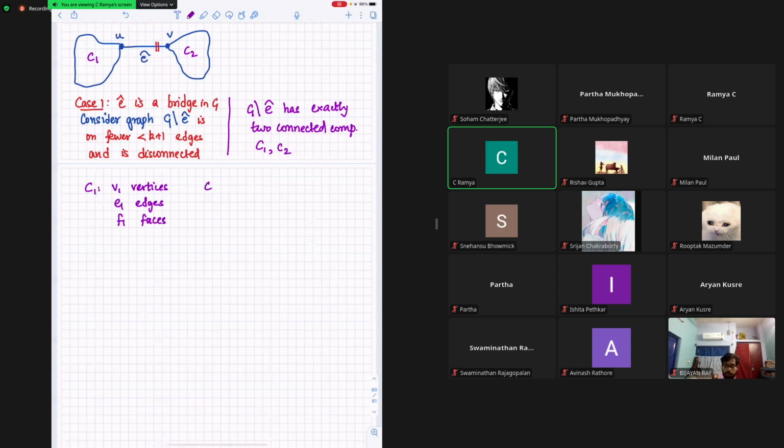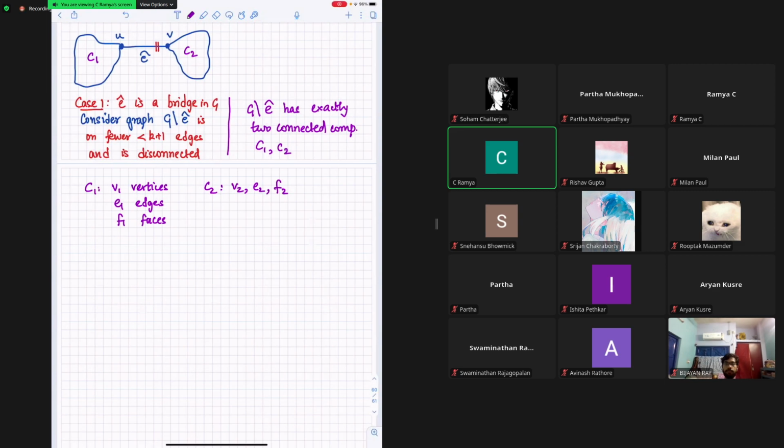Similarly, C2 has V2 vertices, E2 edges, and F2 faces. What are the things we know about these graphs? They are simple, planar, and each of them is connected. So you can apply the inductive hypothesis because these have fewer than k, or less than or equal to k edges.